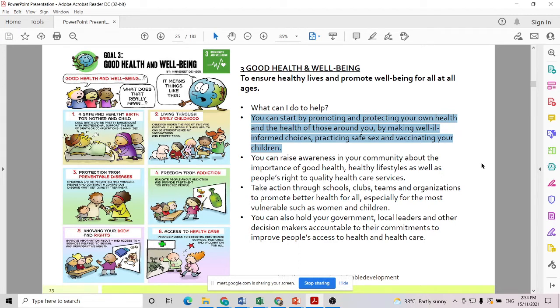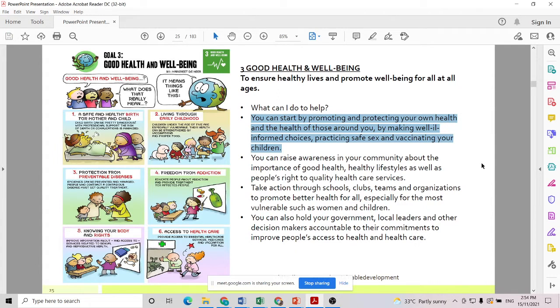But vaccination is not new. Vaccination was introduced around the 1800s, so it is about 100 years old or more. So why do we need vaccination?